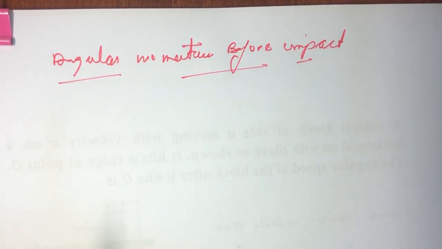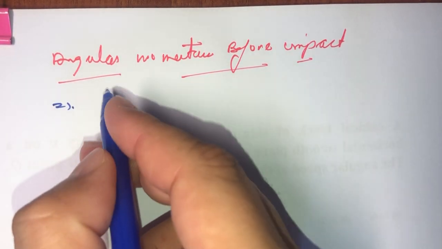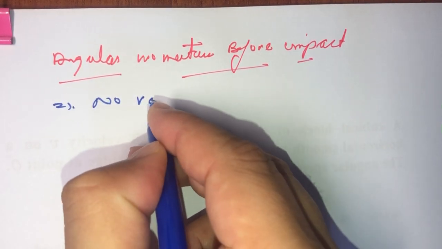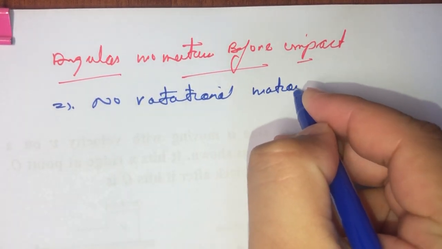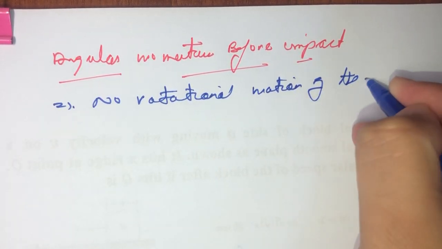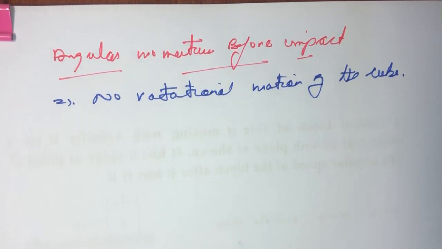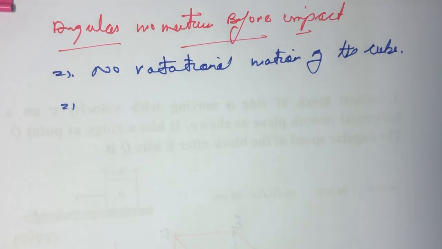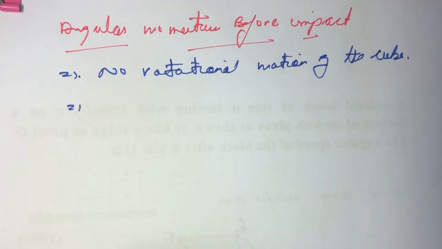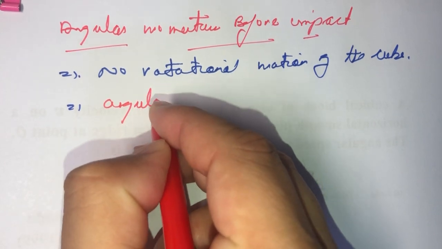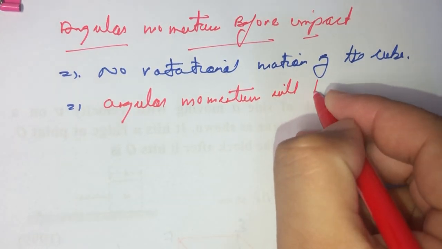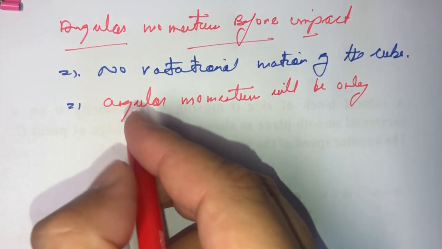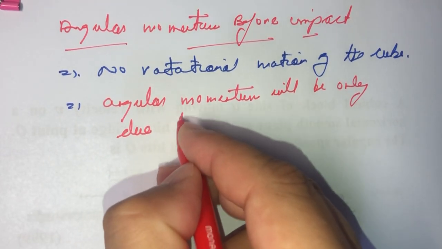Initially it is only traveling with the linear velocity v, so we can say that there is no rotational motion of the cube, which basically means that angular momentum will be only due to linear motion.